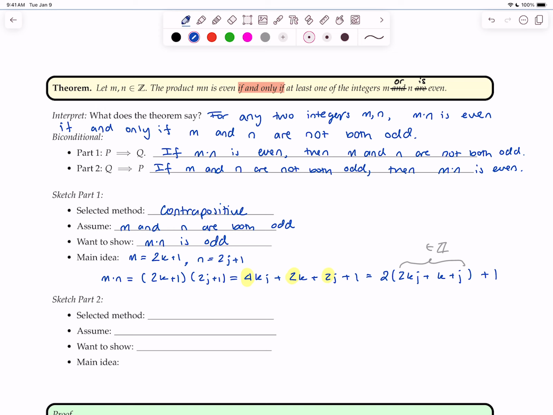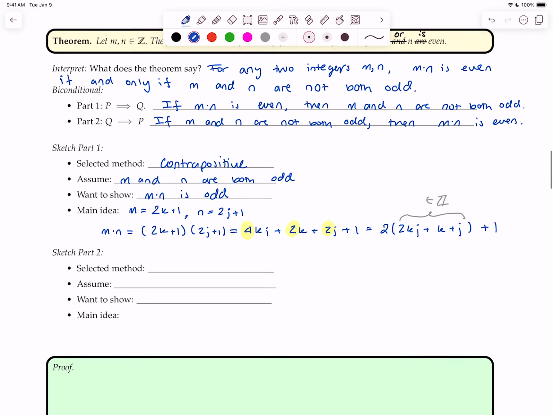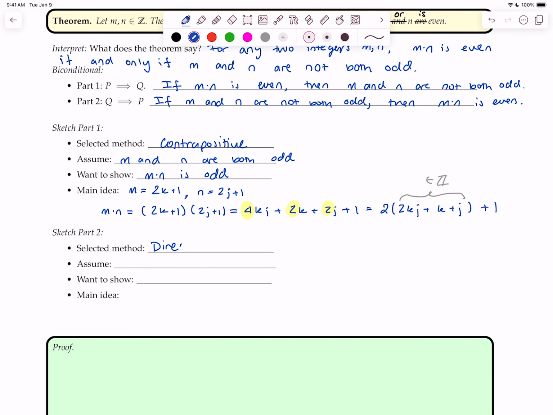Okay. For the other direction, I think that we can just go ahead and do a direct proof. So if we're doing direct proof, what are we allowed to assume?